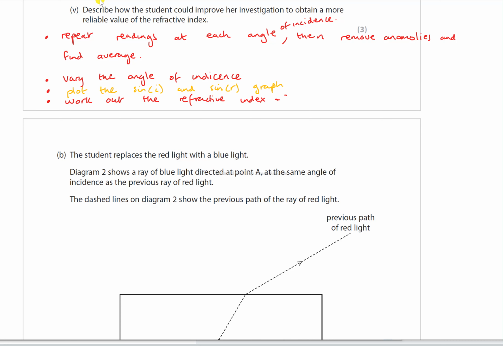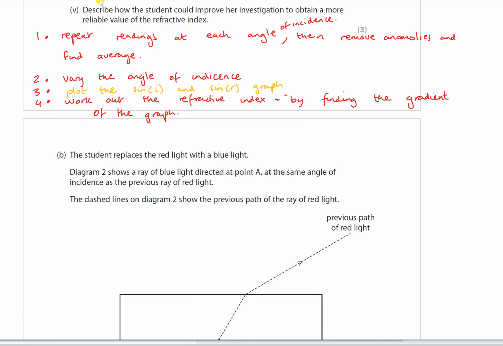Then you work out the refractive index by finding the gradient of the graph. We've done this before, haven't we? So 1, 2, 3, 4.